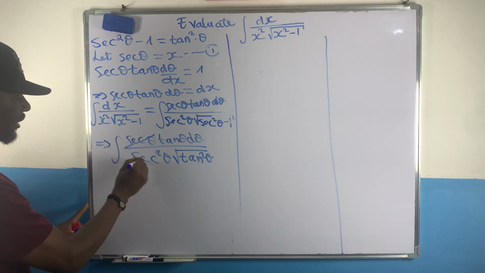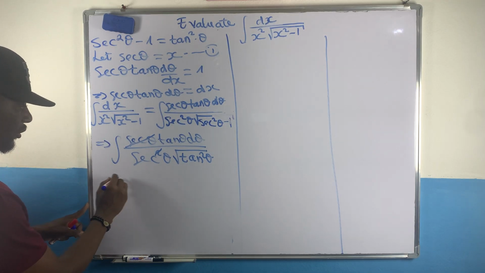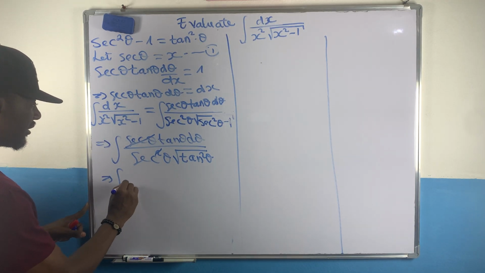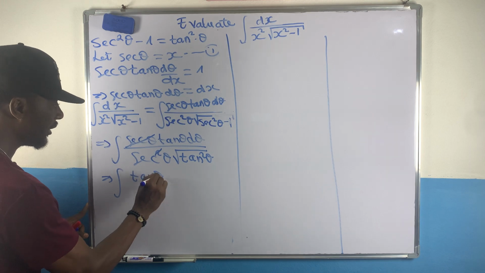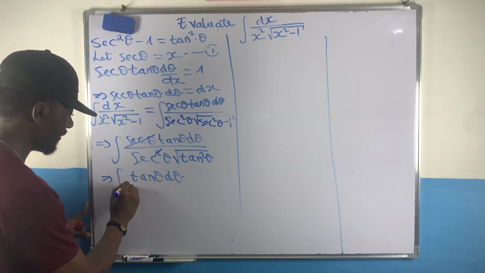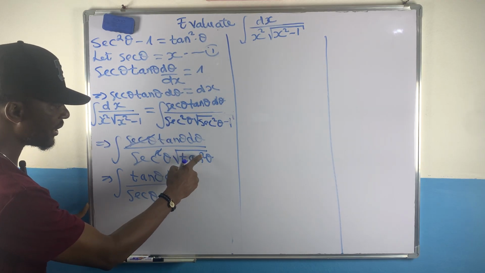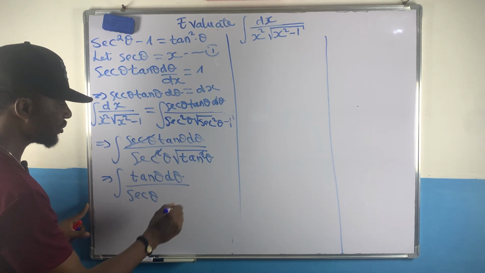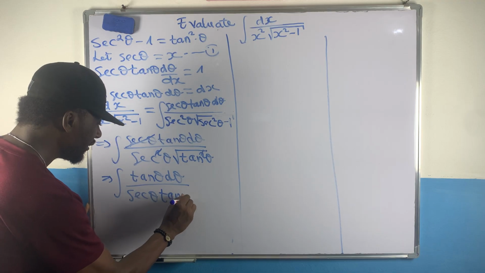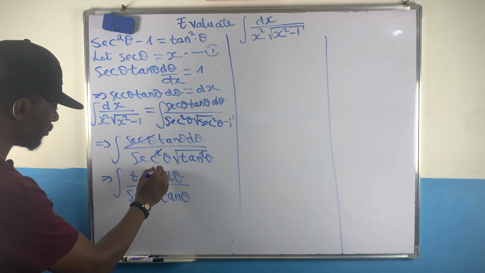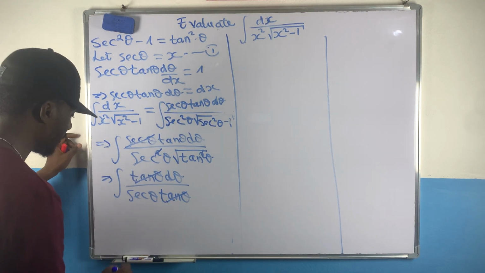Now sec theta cancels with one sec theta here, and we are going to have the integral of tan theta d theta divided by sec theta. The root and the square on tan cancel out, so we are left with tan theta in that position. So tan theta up here cancels with tan theta down here.